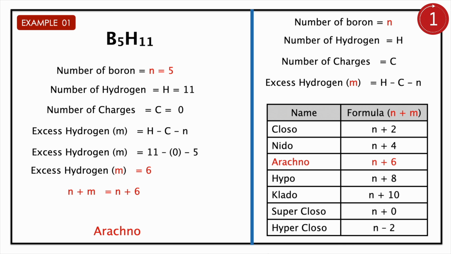Hydrogens are 11, so H is 11. No charge, so C is 0. So excess of hydrogen will be H minus C minus N, which gives M equals 6. M equals 6 means it is an n plus 6 system. From the table you can clearly see it is Arachno. So the structure of B5H11 is Arachno.